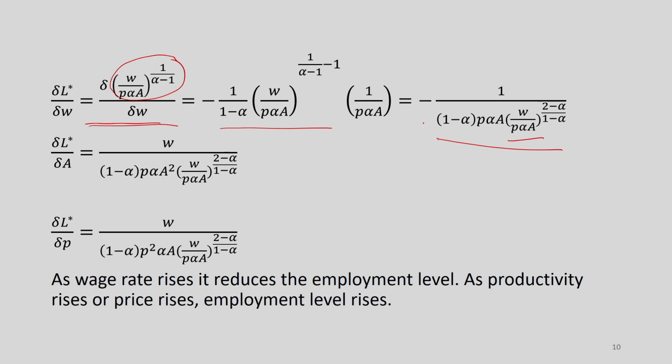Whatever the sign of this entire thing, it is negative, because 1 minus alpha is positive, and the rest of the terms are also positive. So, del L star del W is negative. That is my conclusion.